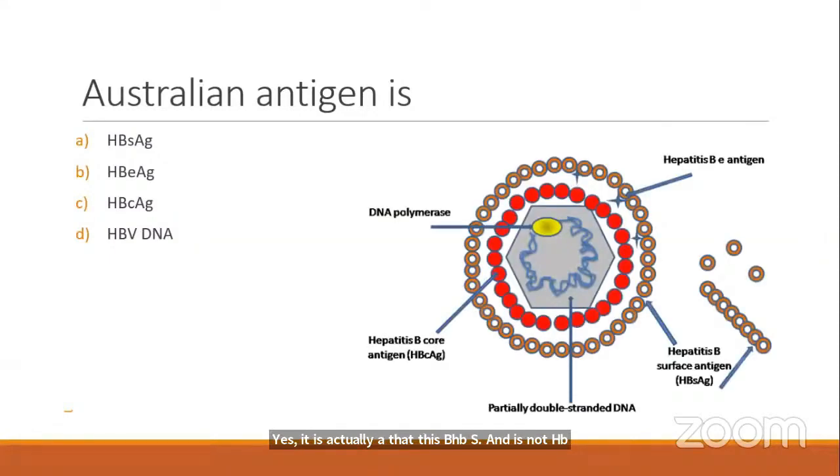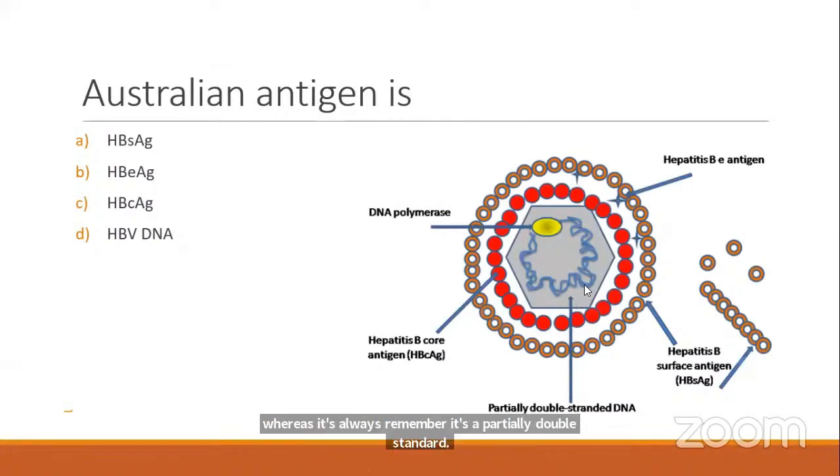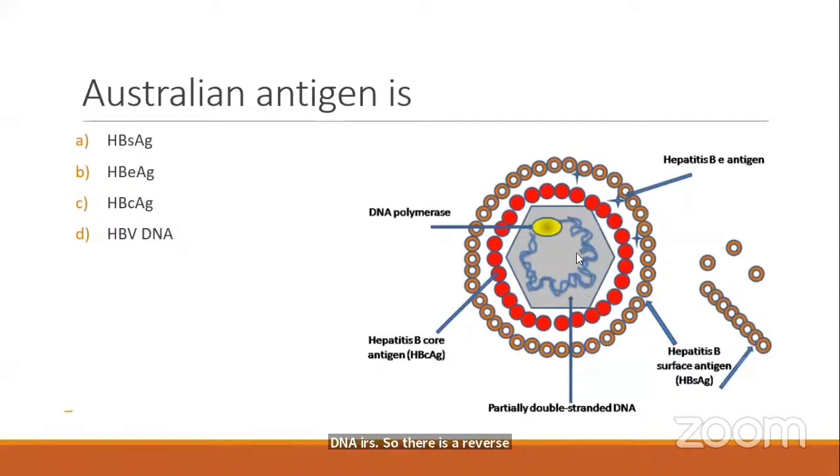Okay. So this is the basic structure of a hepatitis B virus. Always remember, it's a partially double-stranded DNA virus. So there is reverse transcriptase activity in the DNA polymerase. Don't confuse: if you simply see reverse transcriptase, don't go and answer HIV. They can trick you.